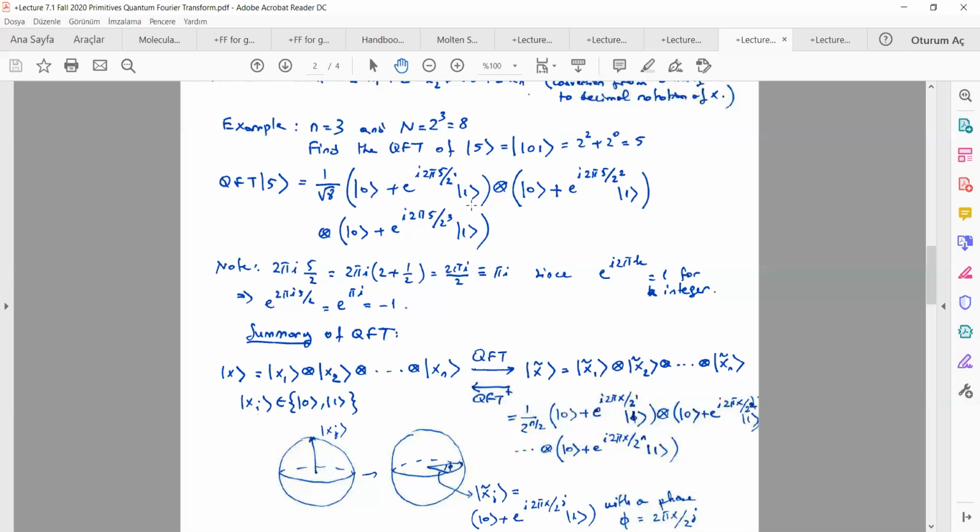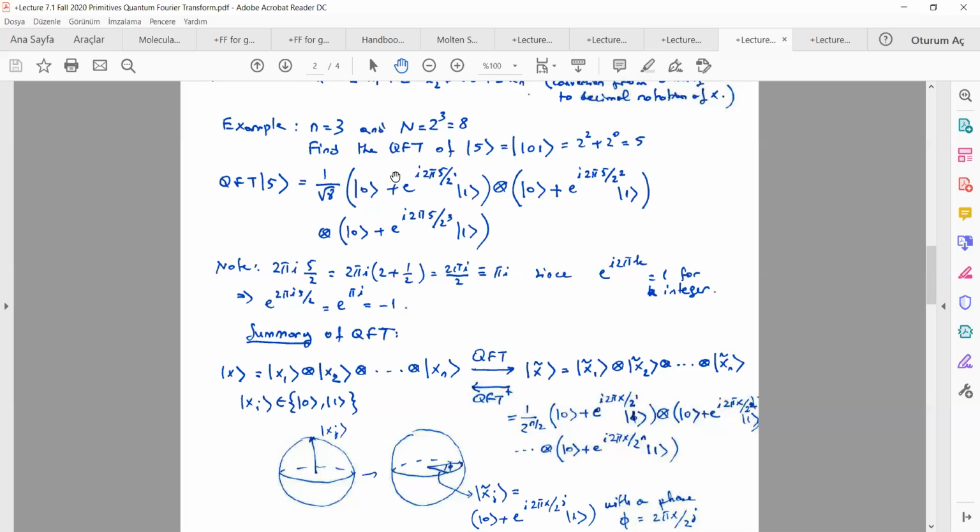And then term by term, I transform each one of the qubits. I have ket 0 plus e to the i 2 pi 5 over 2 to the 1, ket 1. Tensor product, ket 0 plus e to the i 2 pi 5 over 2 to the second power, ket 1. And then finally, tensor product, ket 0 plus e to the i 2 pi 5, which is my input, over 2 to the 3, ket 1, right?